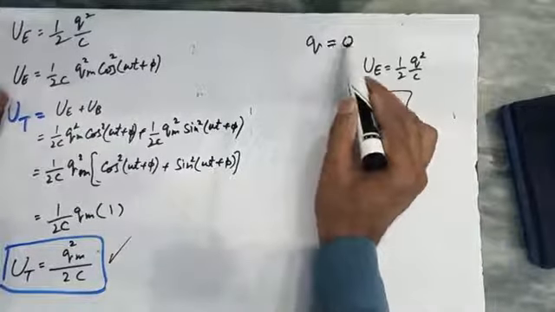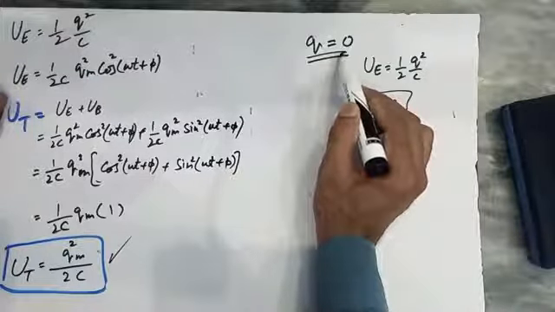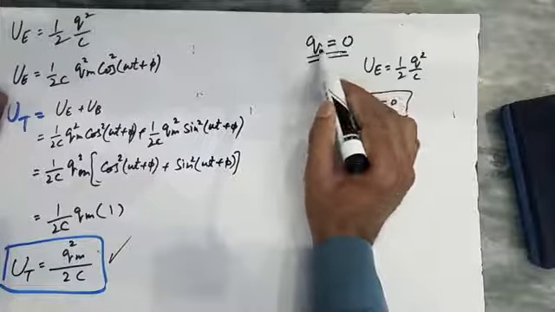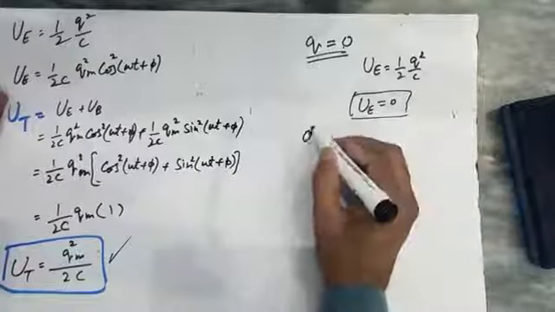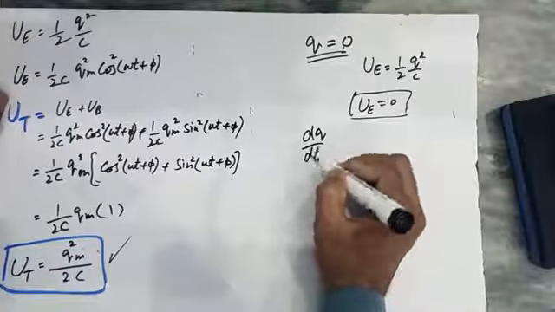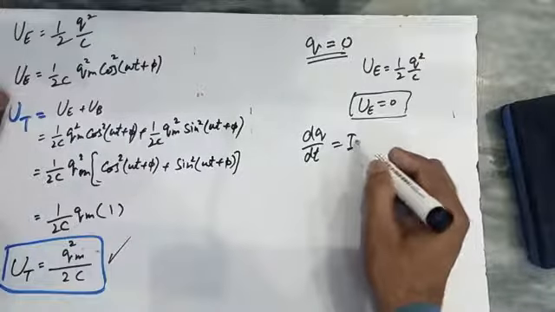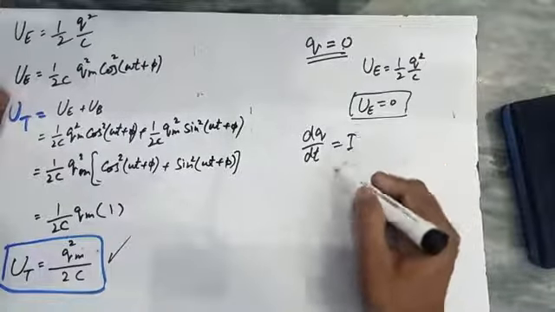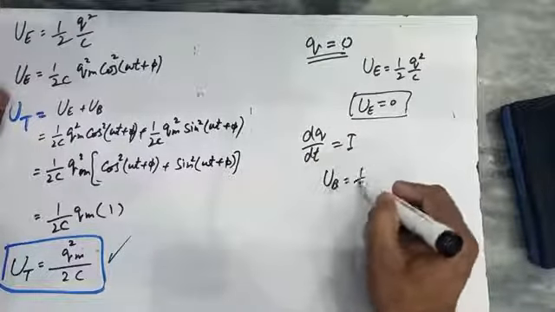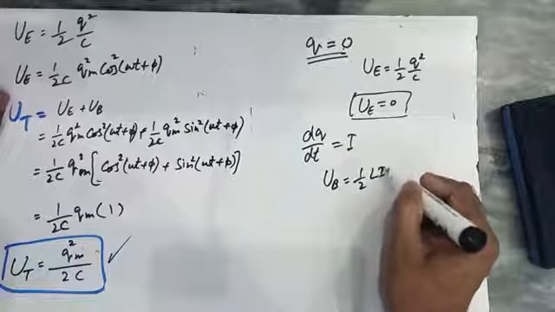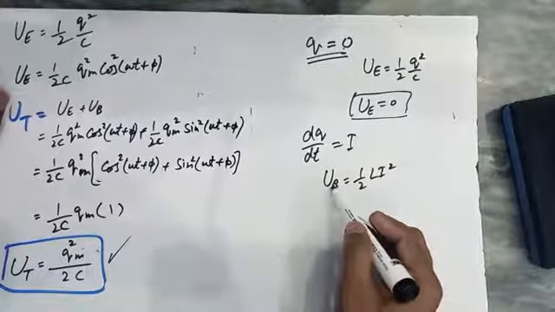And when charge is 0, then current is maximum. Note that we say charge is 0, but at that time the rate of flow of charge is not 0. At that time current becomes maximum, and when current is maximum, magnetic energy is also maximum.